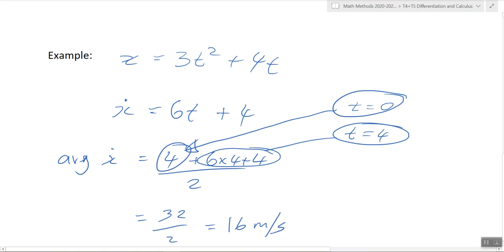So that's the average velocity from the starting point, t equals 0, to the time 4 seconds. So the average across that time length was 16 meters per second.